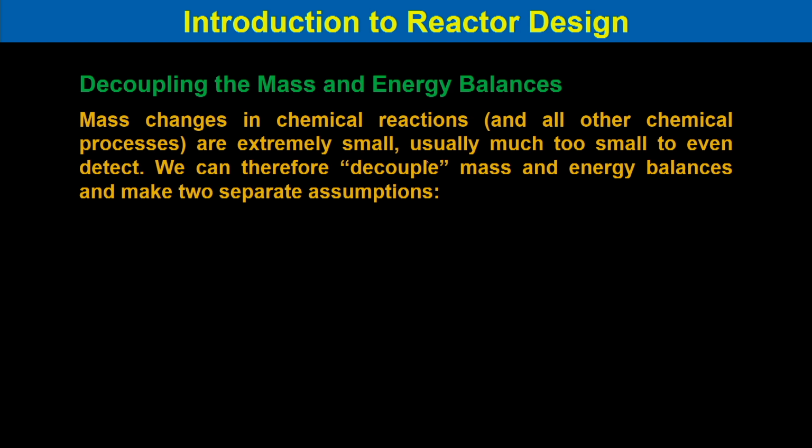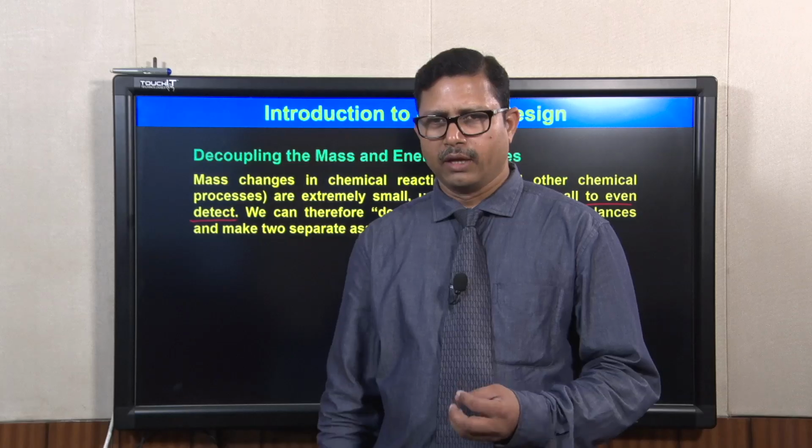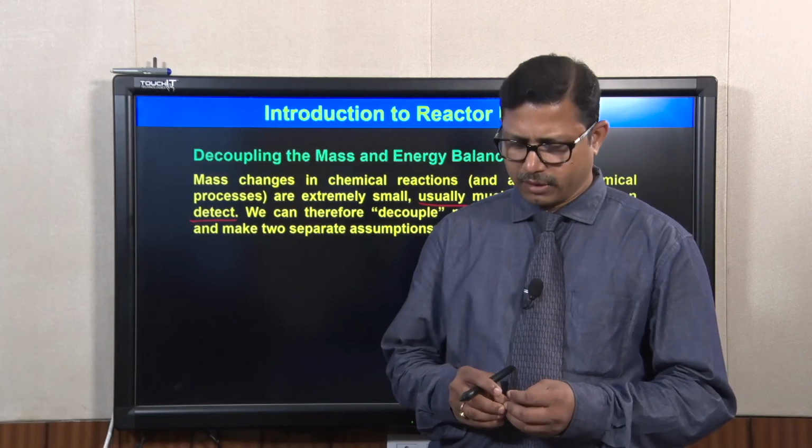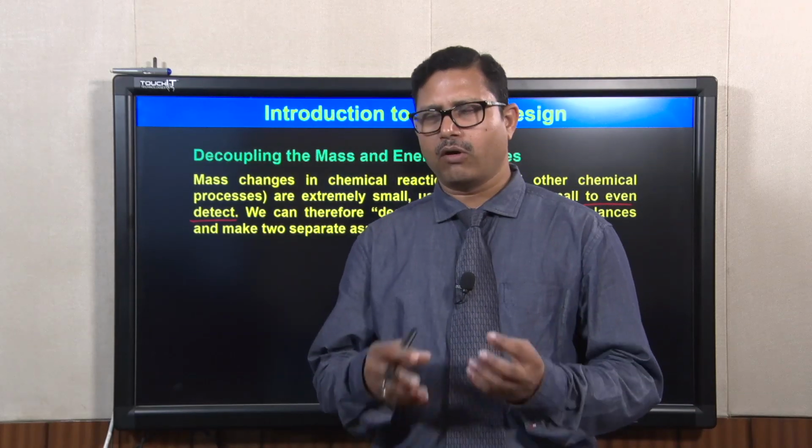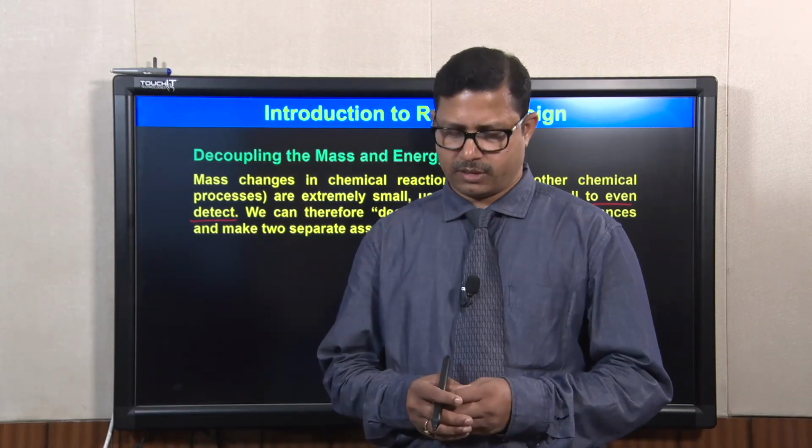As we can see in the earlier example of methane combustion, the mass change is 9 into 10 to the power minus 9 gram, which is 9 nanogram. It is very difficult to use any equipment to detect that small change in the mass.